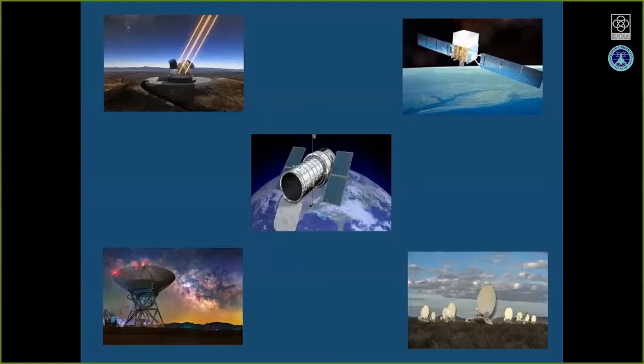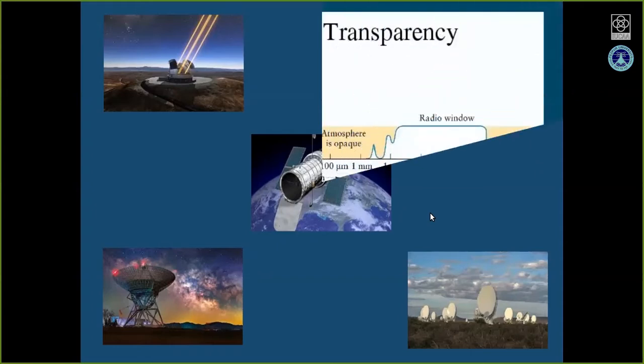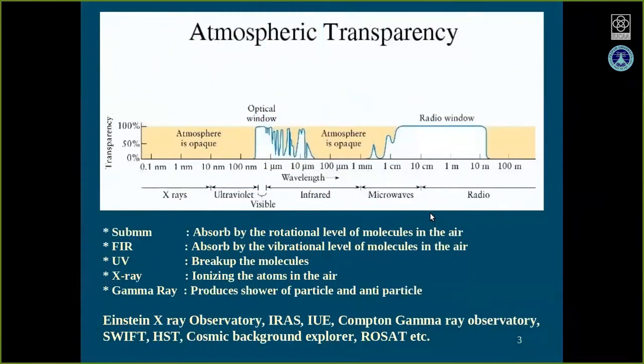Okay, so now the question is why we need all these telescopes. One telescope could have been enough to observe the electromagnetic spectrum which is emitted by a particular star, but it is not possible. Why? Now we'll be talking a little bit about the atmospheric transparency. What is atmospheric transparency? In our atmosphere we have only two windows.